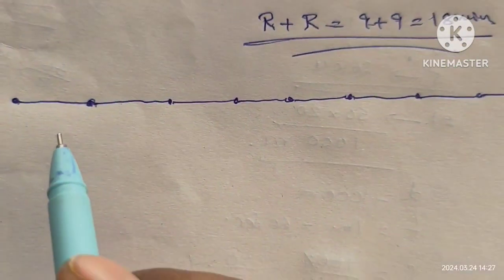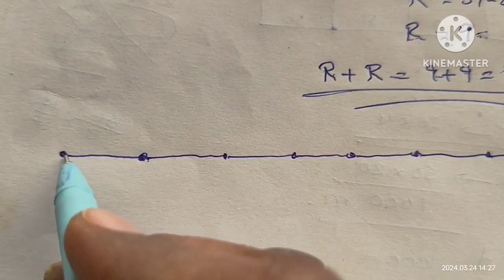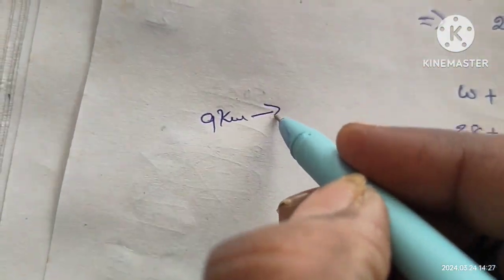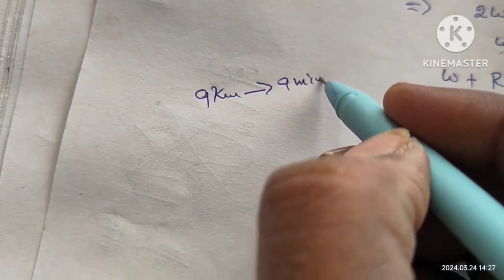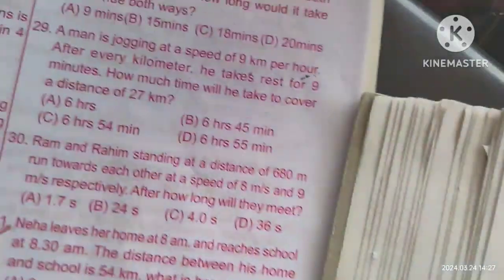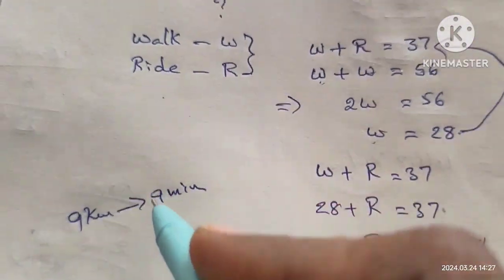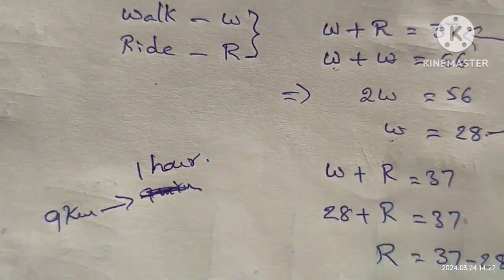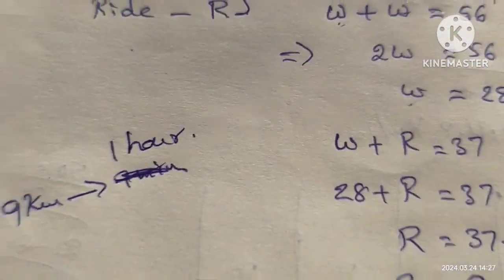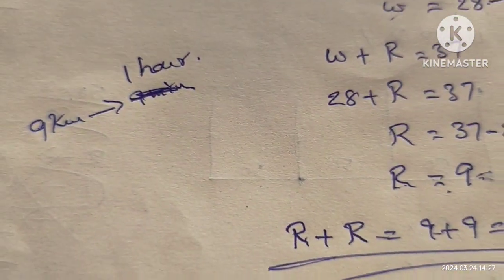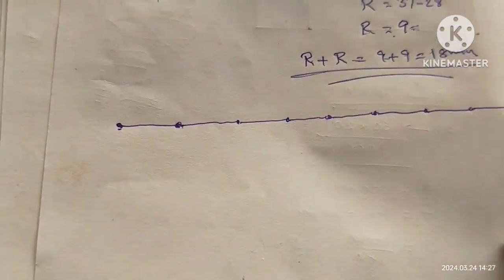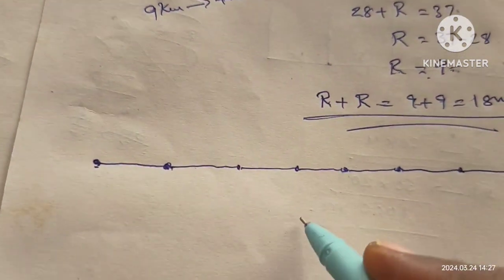Okay, so in this one, first they said 9 kilometers in 1 hour. For 9 kilometers, he took 1 hour. So to travel these 9 kilometers, he took 1 hour.